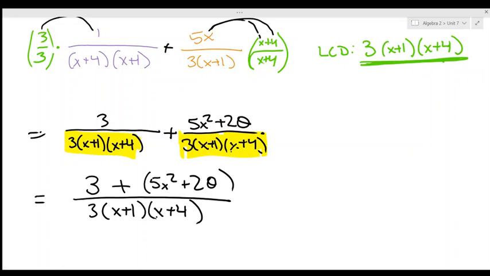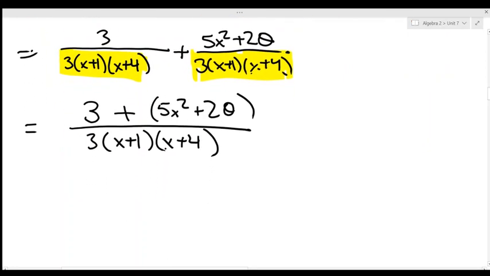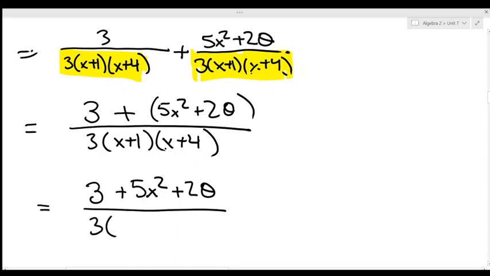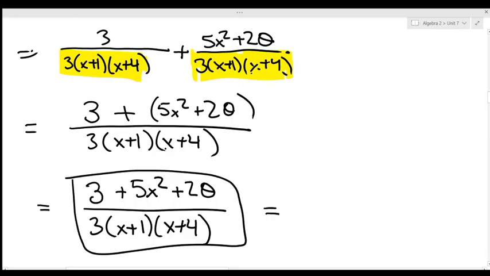Because if you distribute a positive to a positive 5x squared and a positive 20x, does it change its signs? No, it does not. So what you really have here is 3 plus 5x squared plus 20x, all over 3 times x plus 1 times x plus 4. Now you could leave this as the final answer. That's fine. But you guys need to be able to write in standard form, highest degree to lowest degree.